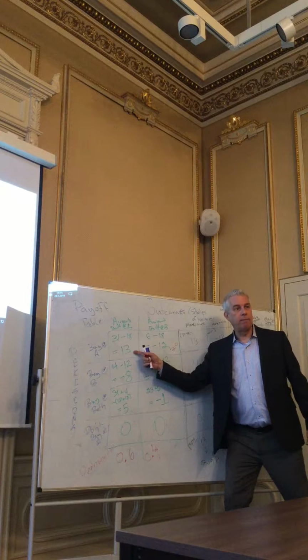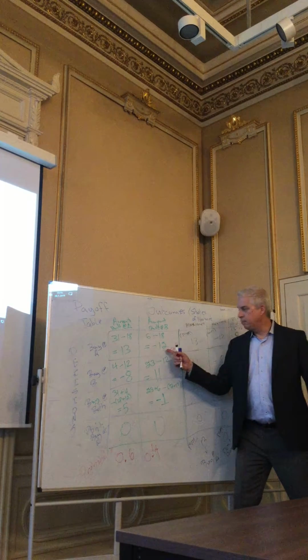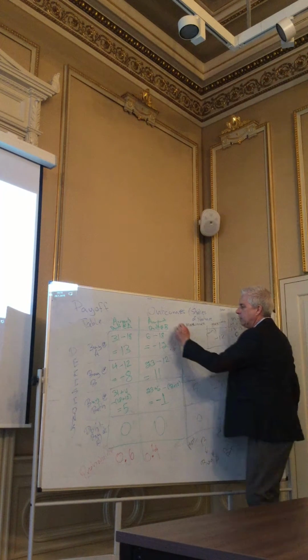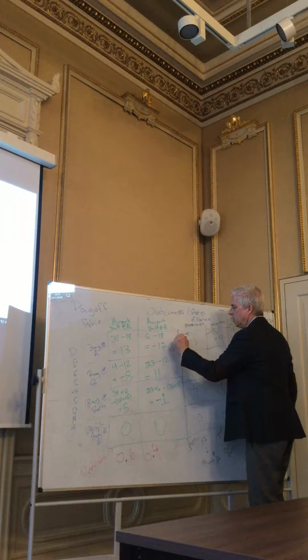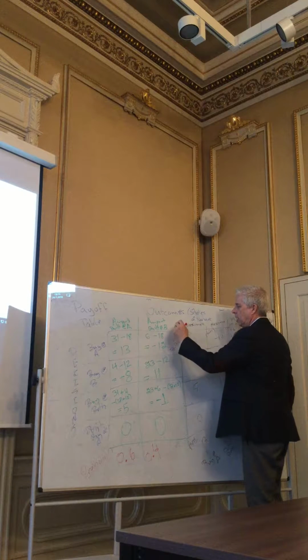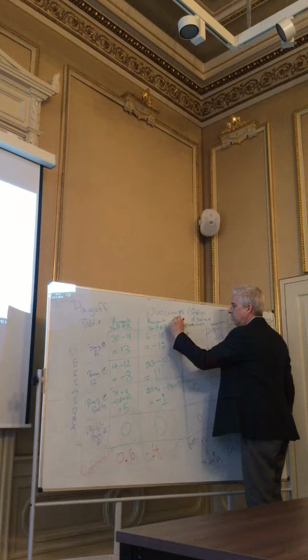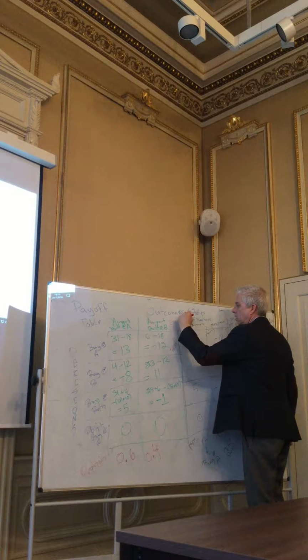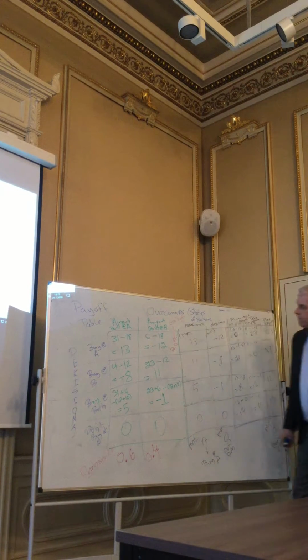Okay, one more time. 0.6 times 13, 7.8. 0.4 times minus 12, minus 4.8. 7.8 minus 4.8, right? These are, I know you hate these markers, Ahmed, sorry. These are expected payoffs. Okay?